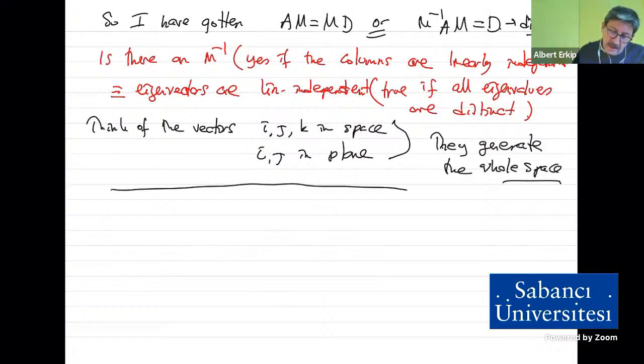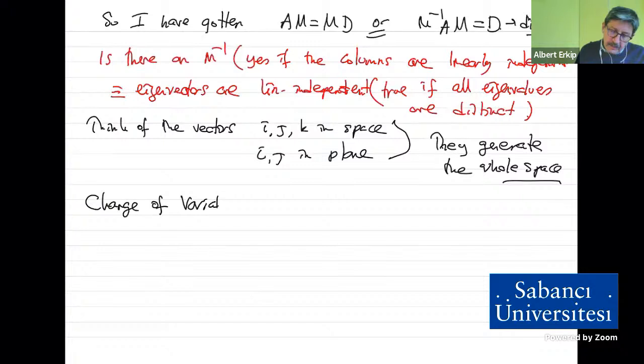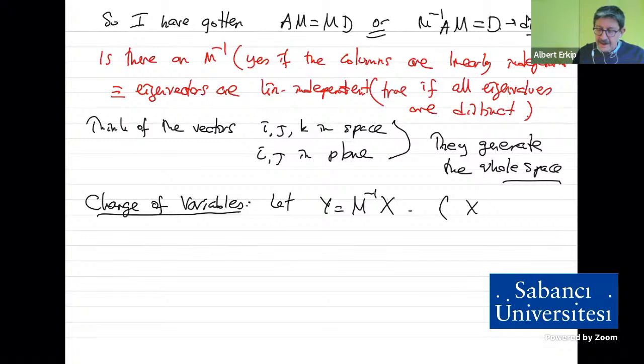Now, recall my equation. I will do a change of variables. Let y equal M inverse times x, or x equals M times y.